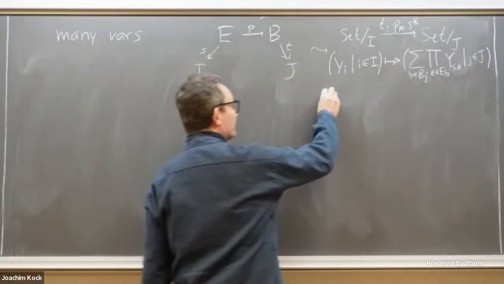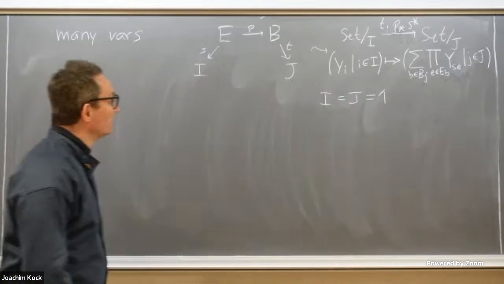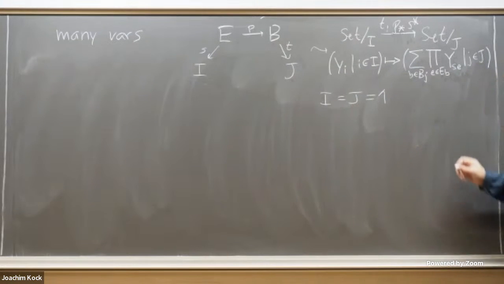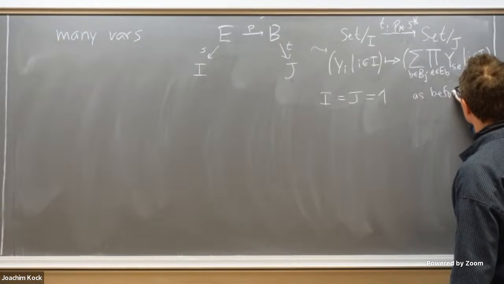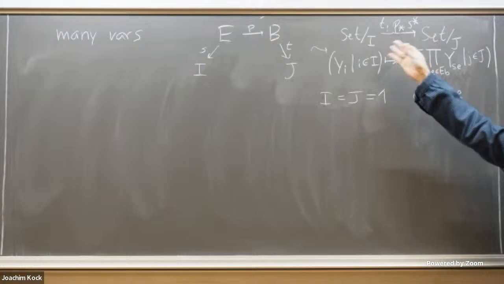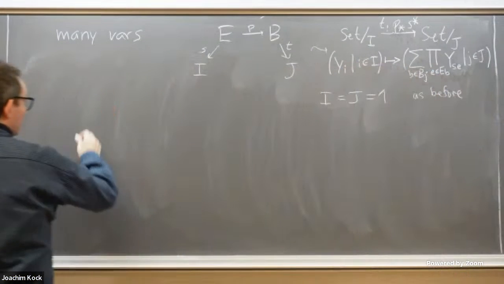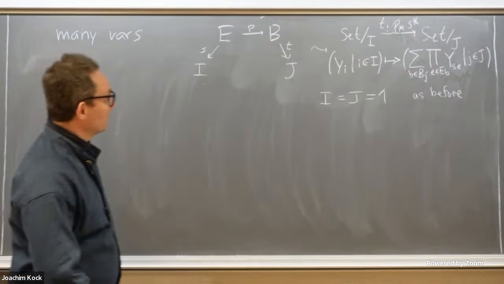Okay, if we take I and J just singletons, then we recover precisely the one variable polynomials that we saw before. So this formula specializes to the first blackboard. Okay, now I can describe what it means to compose two polynomial functors.